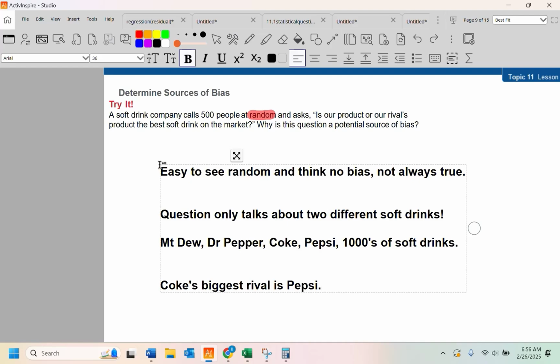The way they're wording it, it's forgetting about all the little guys that are involved too. So this is definitely bias. It only talks about two soft drinks. That's the bias in it. Doesn't talk about everything else. And it's a matter of opinion. I mean, I like Dr Pepper and I like Mountain Dew and then Coke.